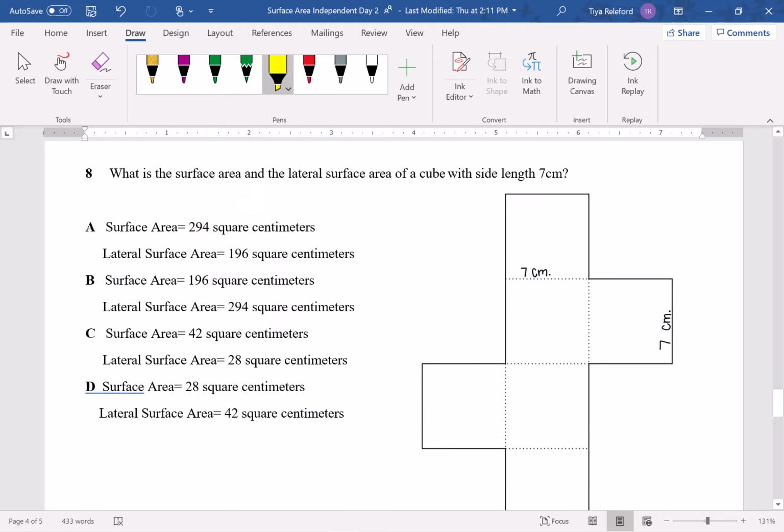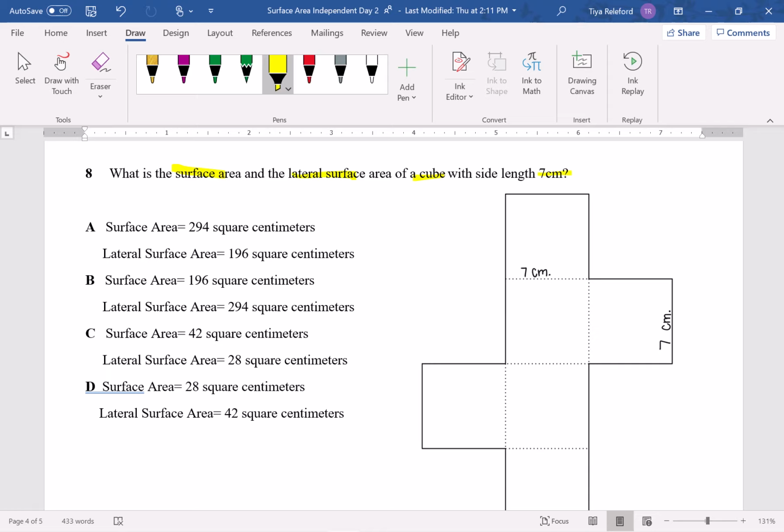Number 8 says, what is the surface area and lateral surface area of a cube with a side length of 7 centimeters? Cube. Okay. First of all, we talked about surface area is always greater than lateral surface area. Total is always greater than lateral. So there are 2 options that are wrong.